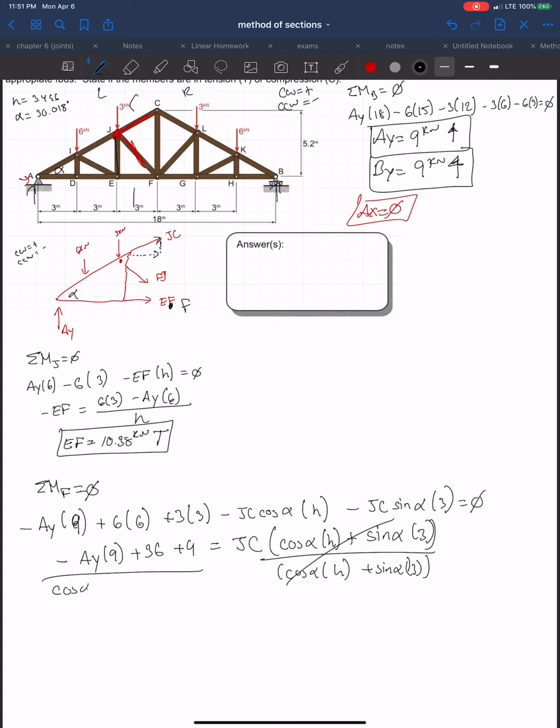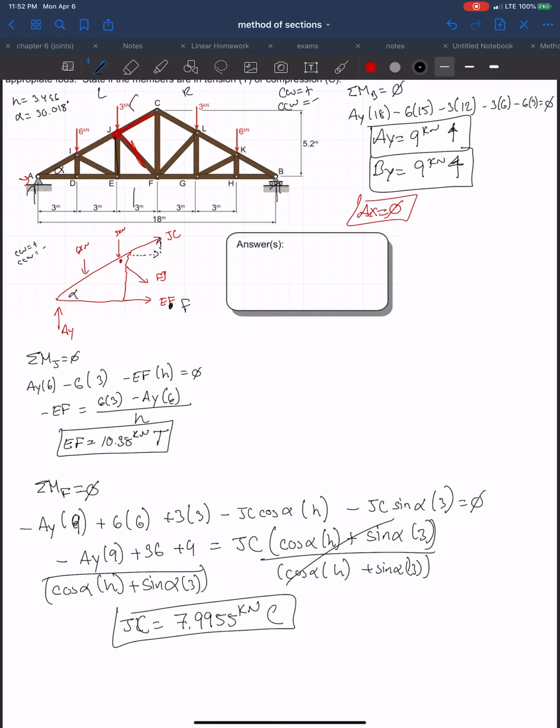So we're left with cosine delta times h plus sine theta times 3. And JC, go ahead and plug it in your calculator. Should give us 7.9955 kilonewtons, and it was negative, so it's in compression.